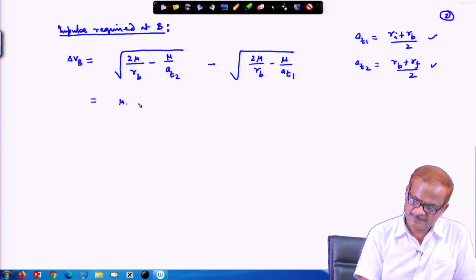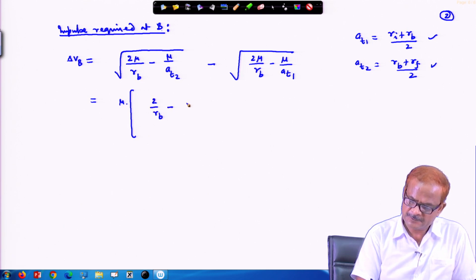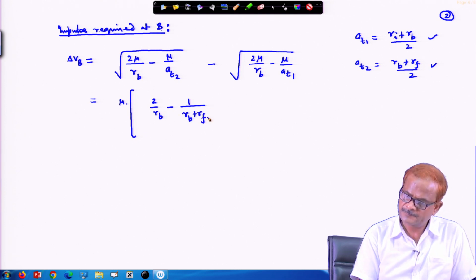So, this we get as mu, we can take it outside, and this becomes 2 divided by r b minus 1 a T 2, which is r b plus r f divided by 2. So, 2 comes in the numerator.